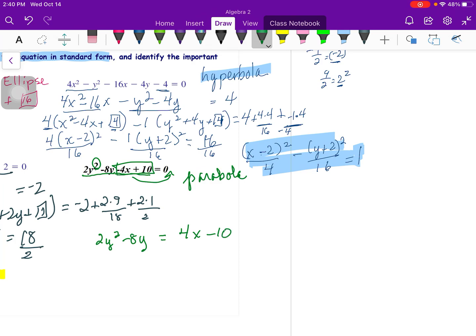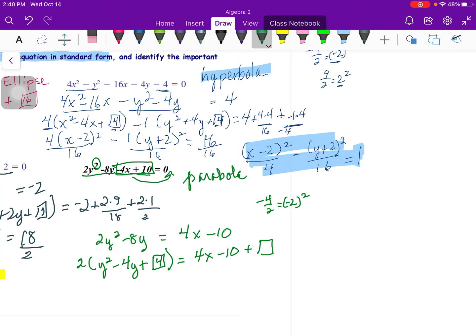This is not a perfect square, so I'm going to have to divide out the 2, and I'd get y squared minus 4y plus something will equal 4x minus 10 plus something. Negative 4 divided by 2 is a negative 2, squared is a 4.